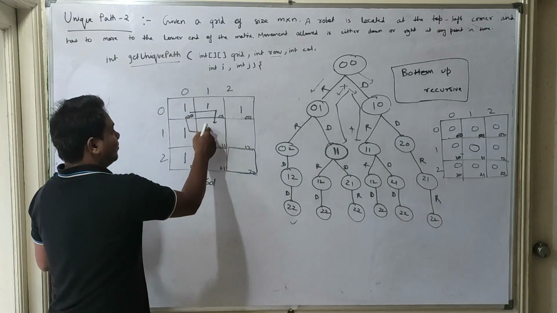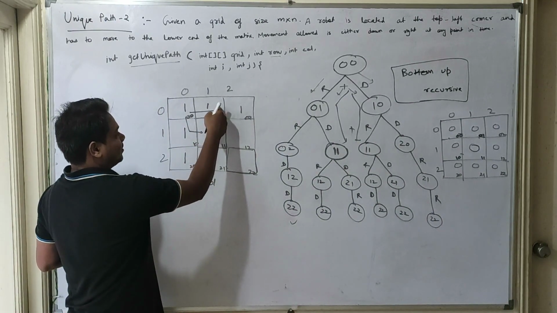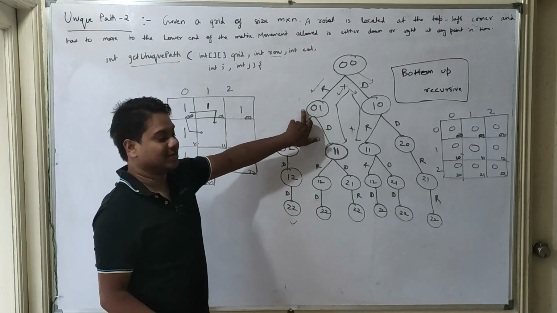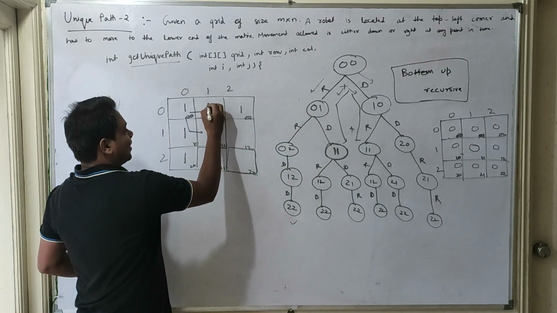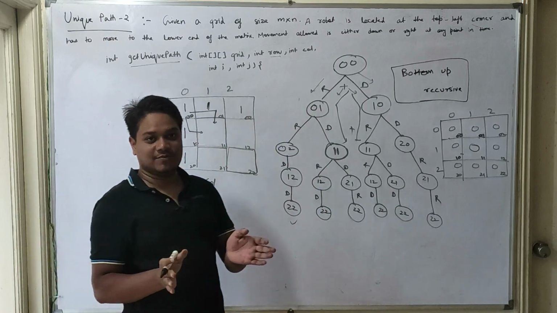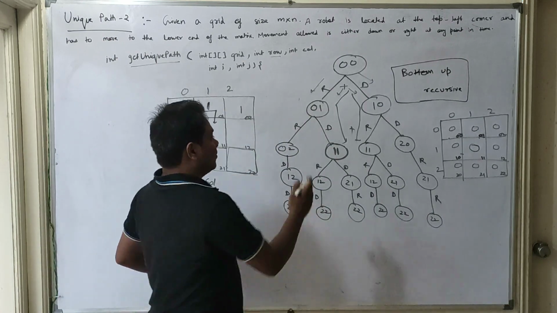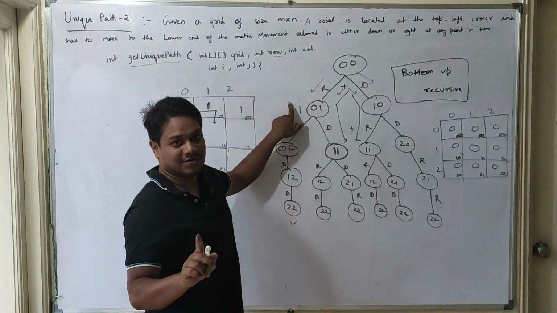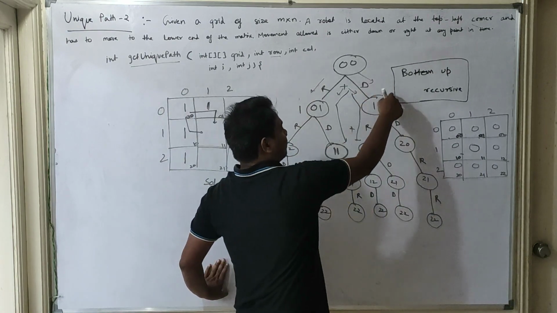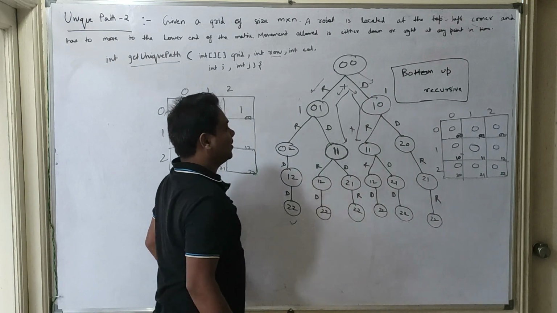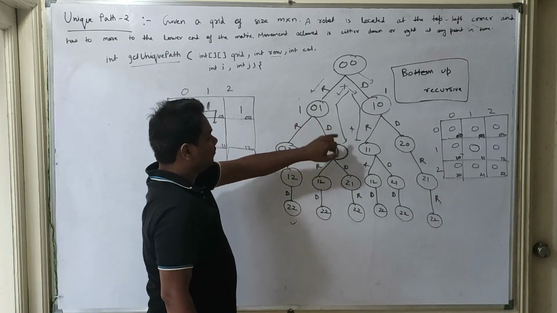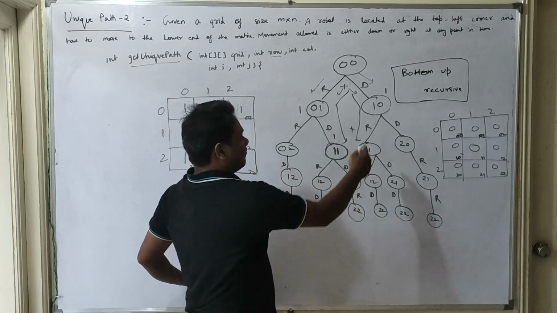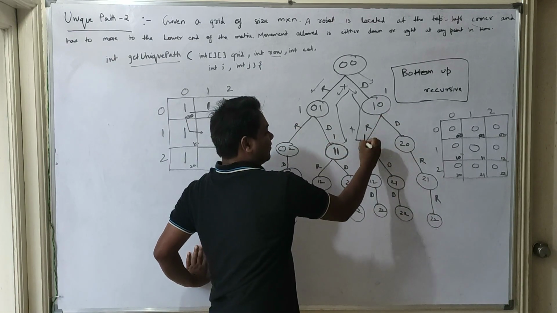Now if it takes this path through 0 1, we already know the solution. For 0 1 we have 1, so there is only one way to reach 0 1, that is from 0 0 to 0 1. Then from 0 0 to 1 0 there is only one path. From 0 1 to 1 1 there is only one path, and from 1 0 to 1 1 there is only one path.